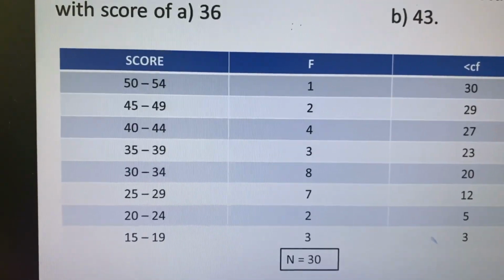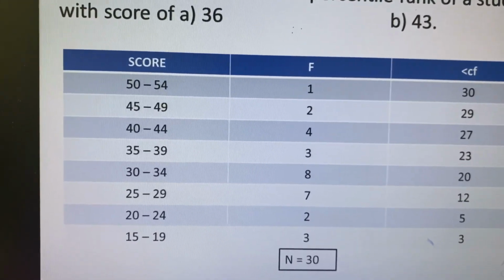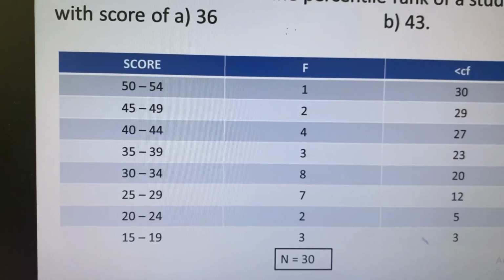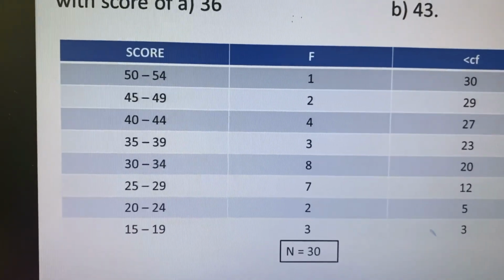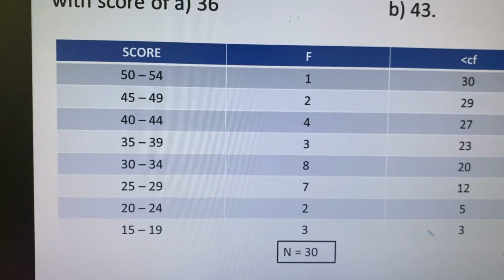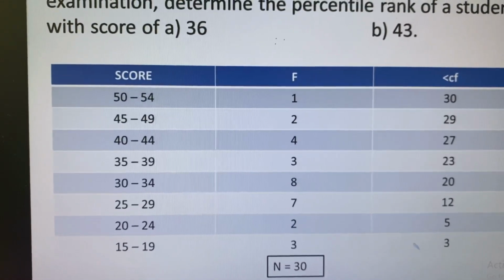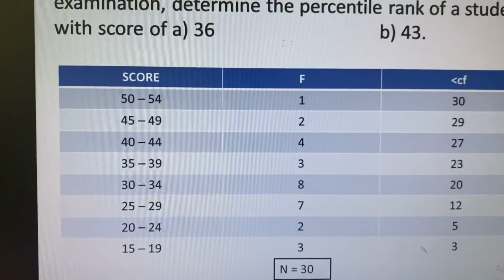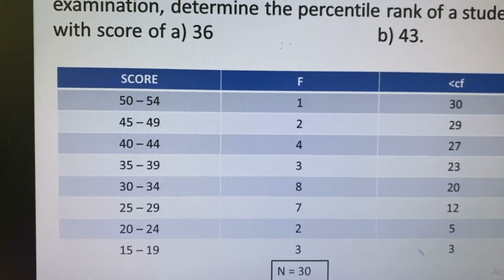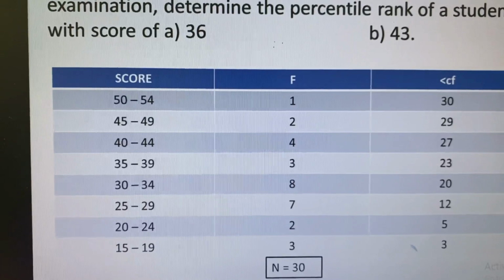So the first column is the score, the class intervals starting from 15 to 19, 20 to 24, 25 to 29, 30 to 34, 35 to 39, 40 to 44, 45 to 49, 50 to 54.